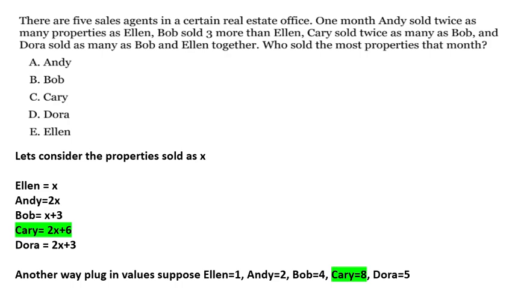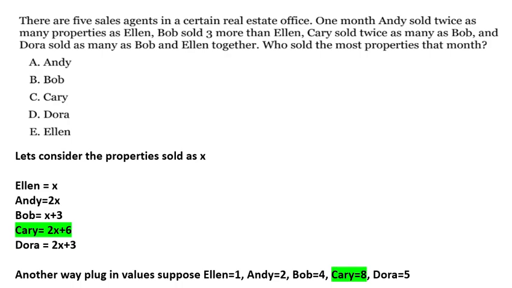Considering that, among the relationships formed, 2x plus 6, which is what Carrie sold, seems to be the largest. So your answer is option C, Carrie.